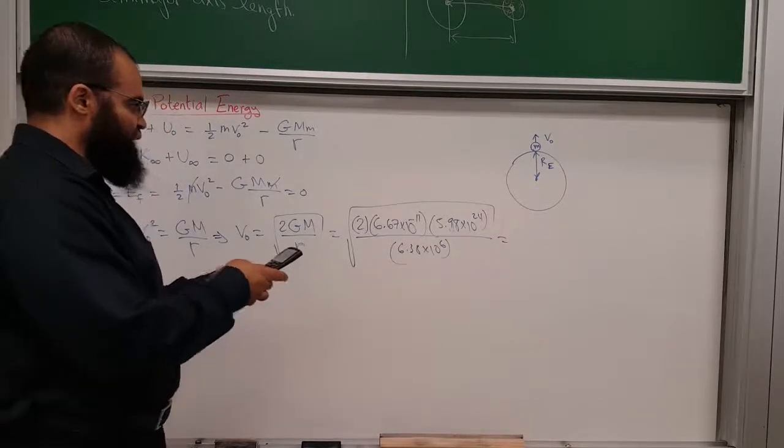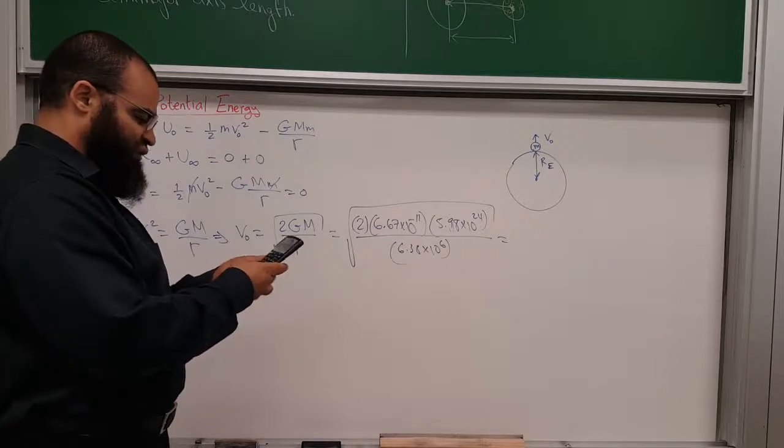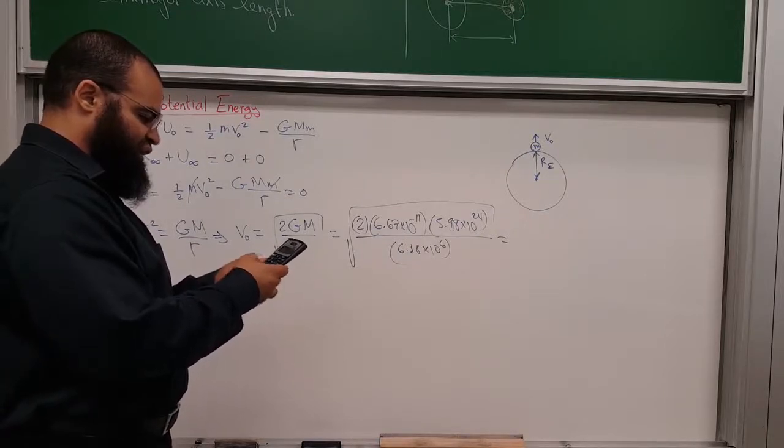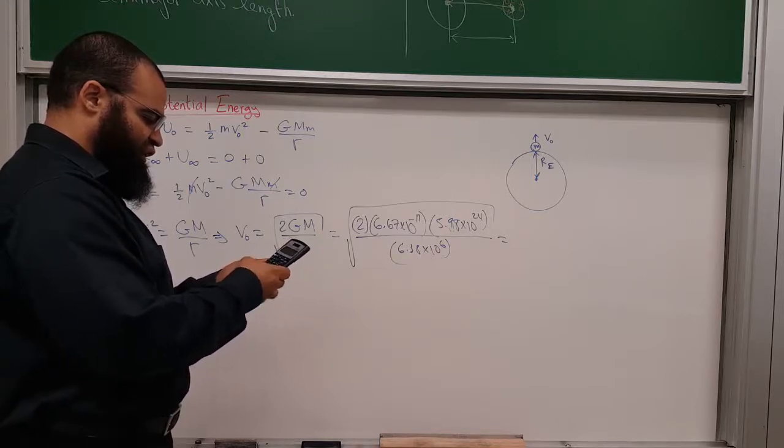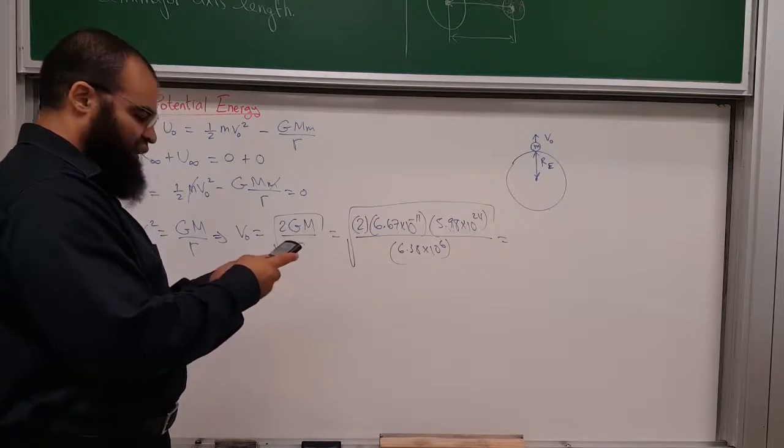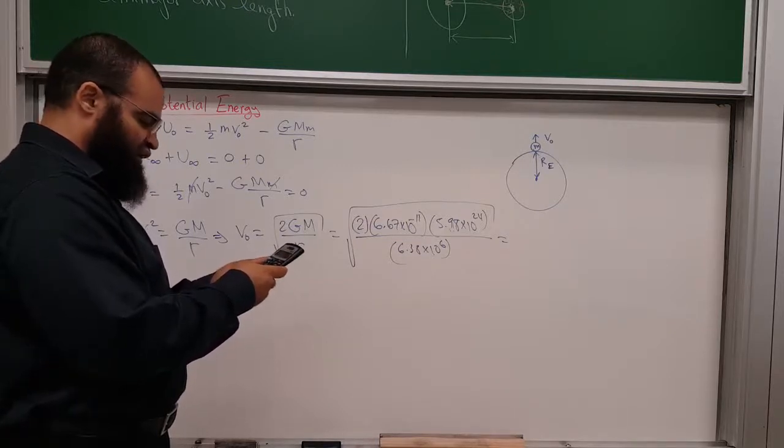So we get 2 times 6.67 times 10 to the minus 11 times 5.98 times 10 to the 24th power, and then divided by 6.38 times 10 to the 6th power.